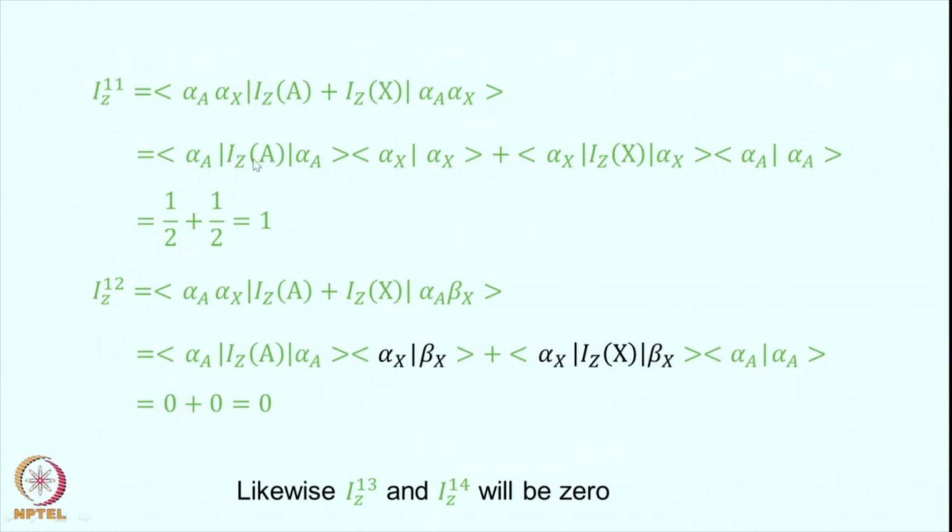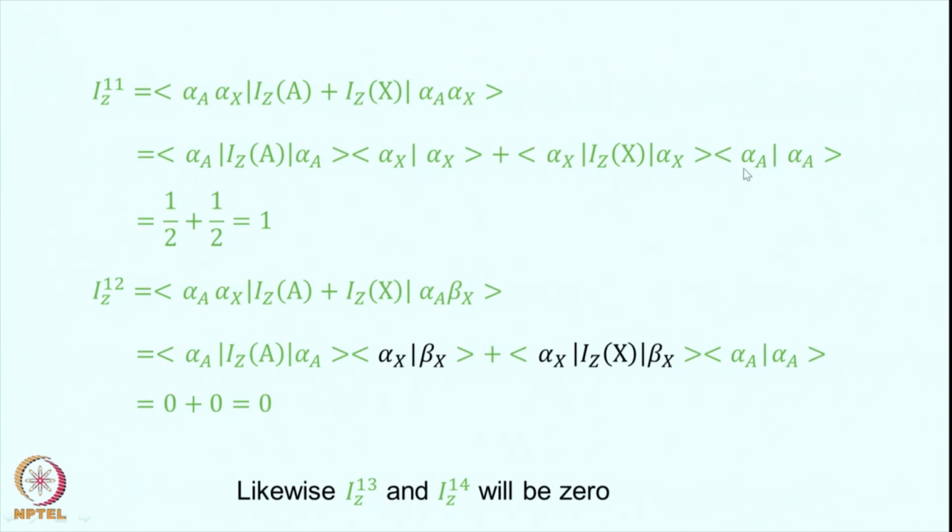So if I have IzA here, I keep this alpha A here, then the IzA and keep this alpha A here, and this alpha X comes out here as a separate entity, alpha X. Similarly plus alpha X, IzX, alpha X, that is if I am looking at this operator, then these 2 are taken here, and these alpha A come out separately here.